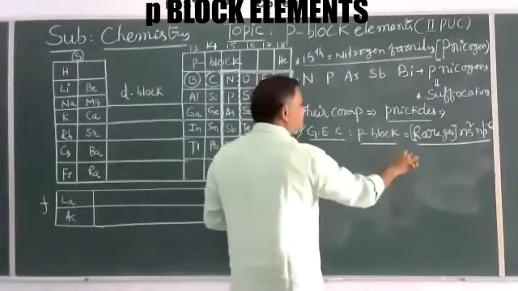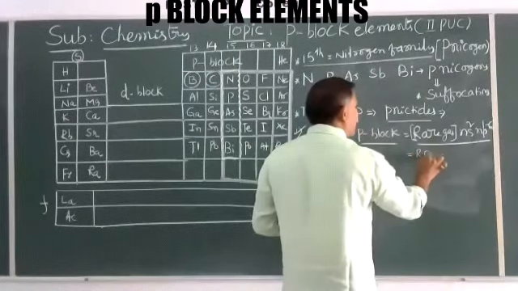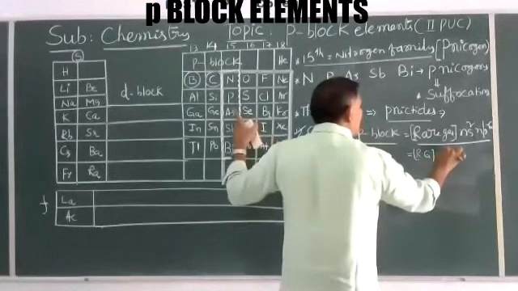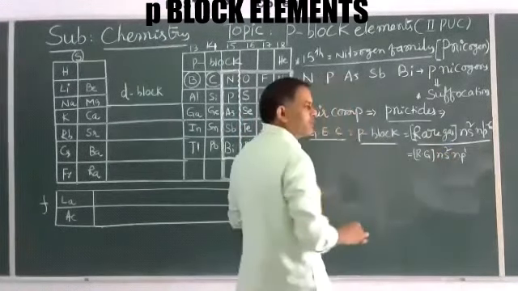Now based on this, if we write the same thing: rare gas, ns2 already completed, np1, it is the 13th group.